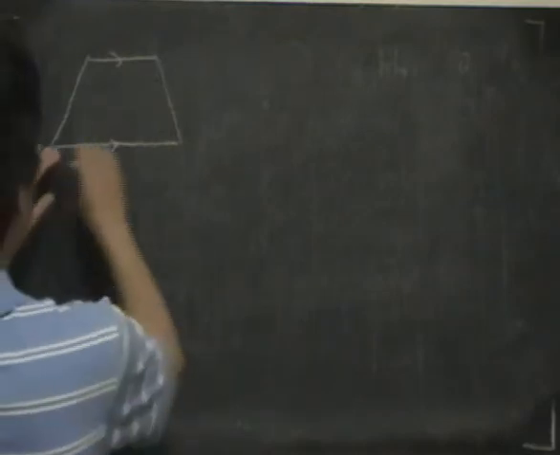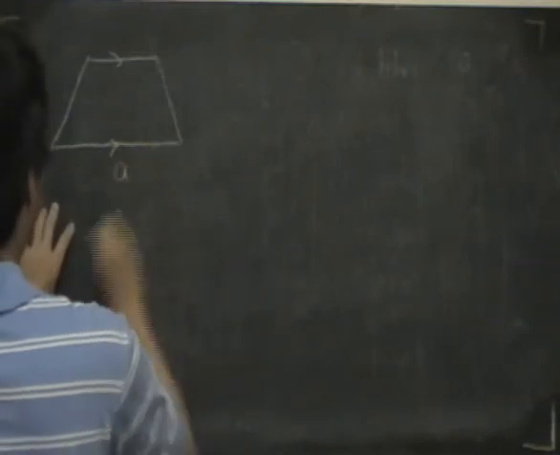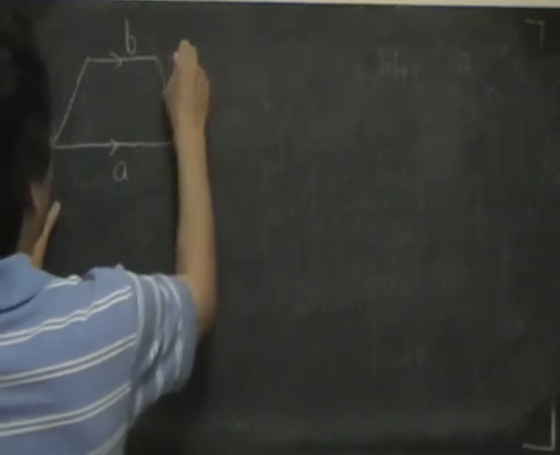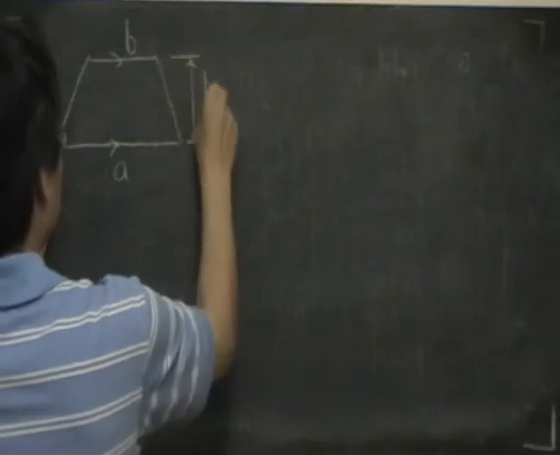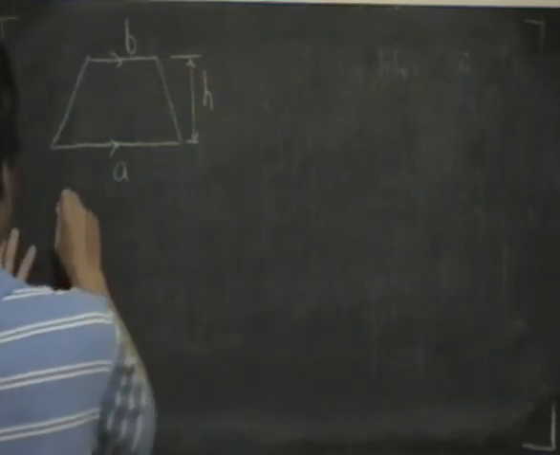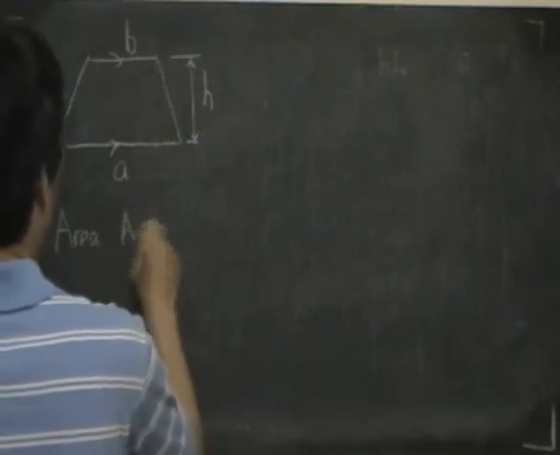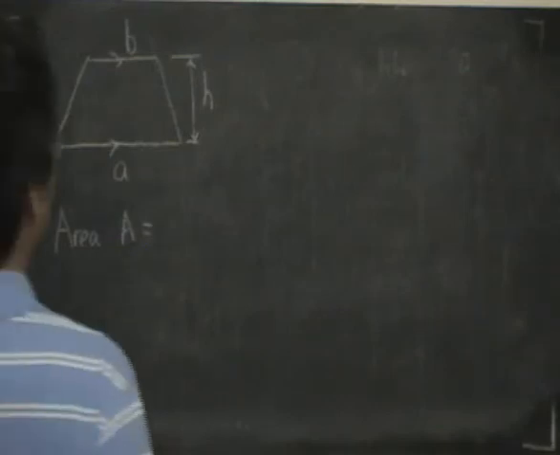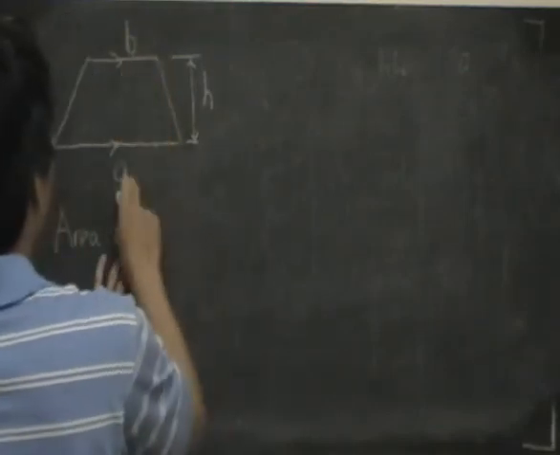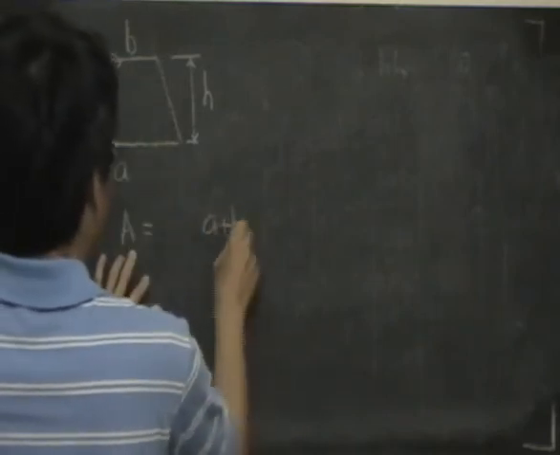Now, these are the two parallel sides. I'm going to represent the length of one side by A, the length of the other side by B, and I'm going to represent the height by H. So the formula for the area goes like this. You have to first add the two parallel sides.